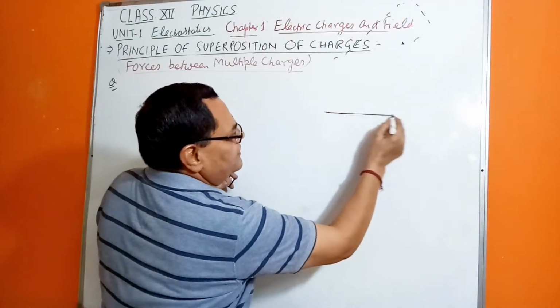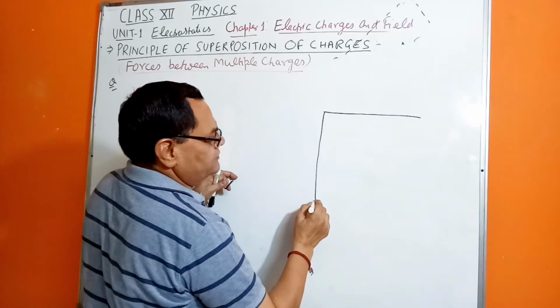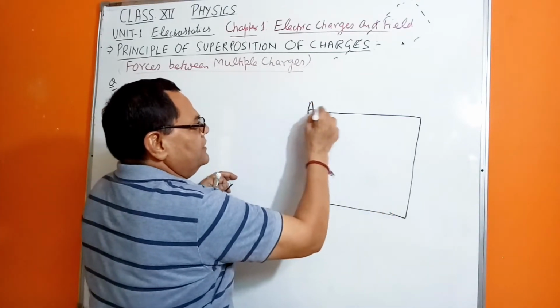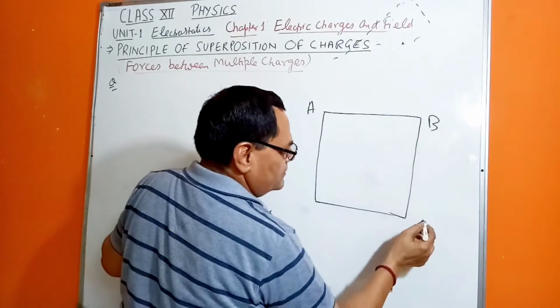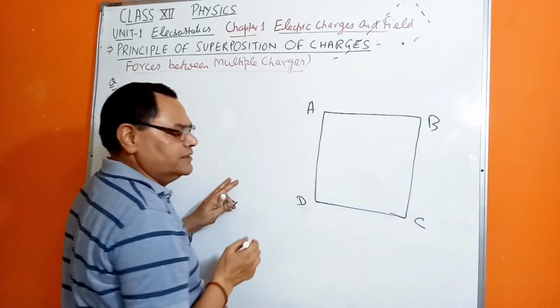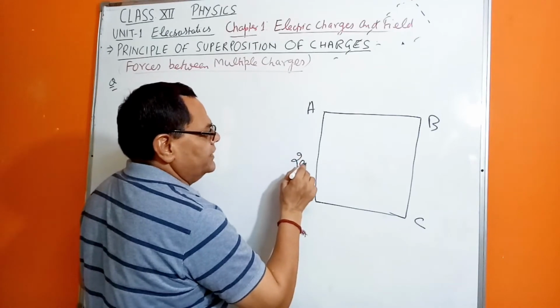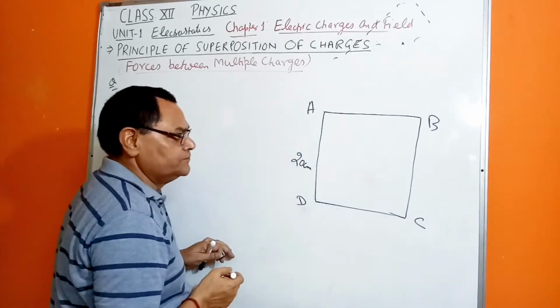Let's see. There is again a square. So the question will say like this: ABCD is a square, say of side 20 centimeter.